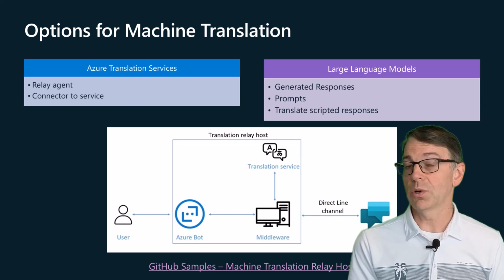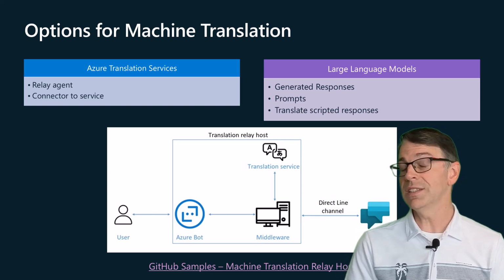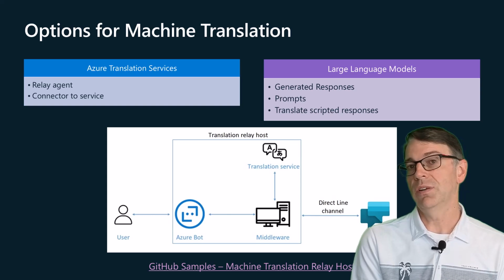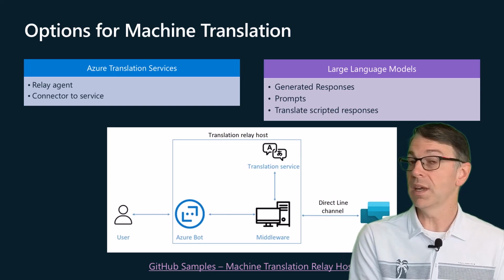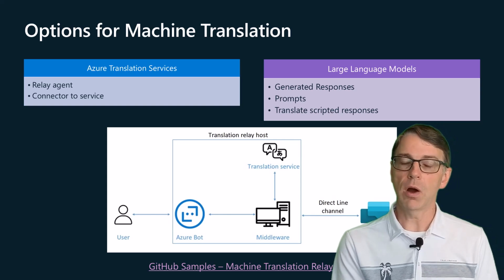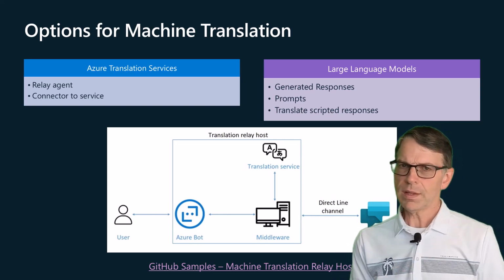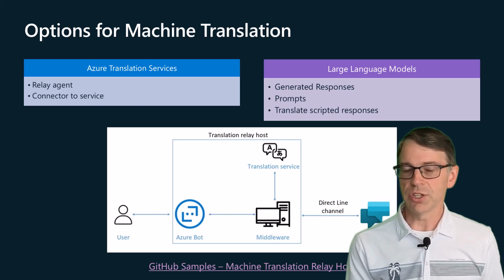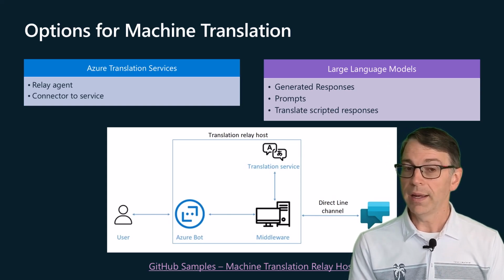So you need to make sure that you're aware of what's going on. Now, the beauty of it is there is an actual implementation of this that has been put out on the Copilot Studio samples GitHub repo that our PowerCat team has put together and made available. So if you're really interested in a relay agent, know that you can go download that from the GitHub samples repo and get a hold of it.